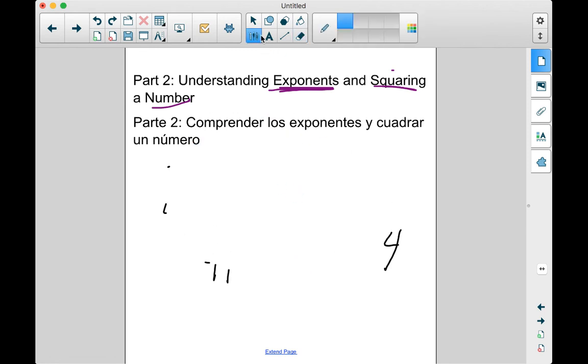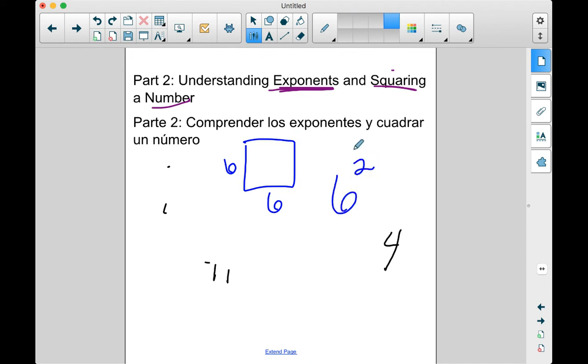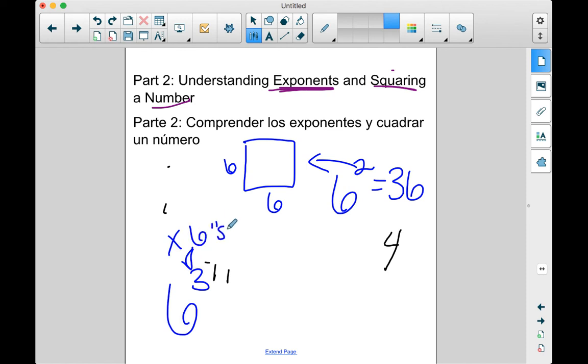2 squared is 4. Same thing here. If I had a square and this was 6 and this was 6, I could say 6 squared, that little 2 means squared, equals 36, because it is 2 dimensions and it looks like a square. That is not read as 6 squared.